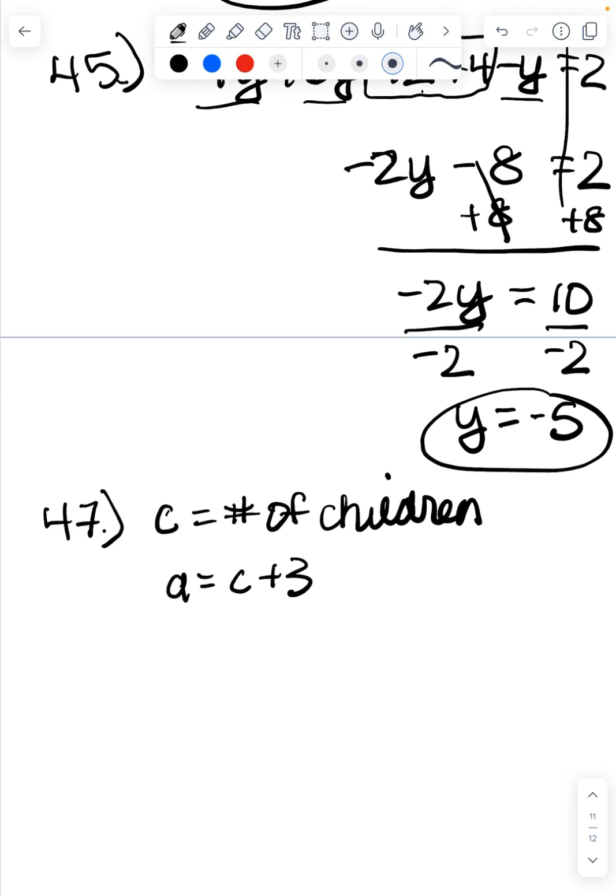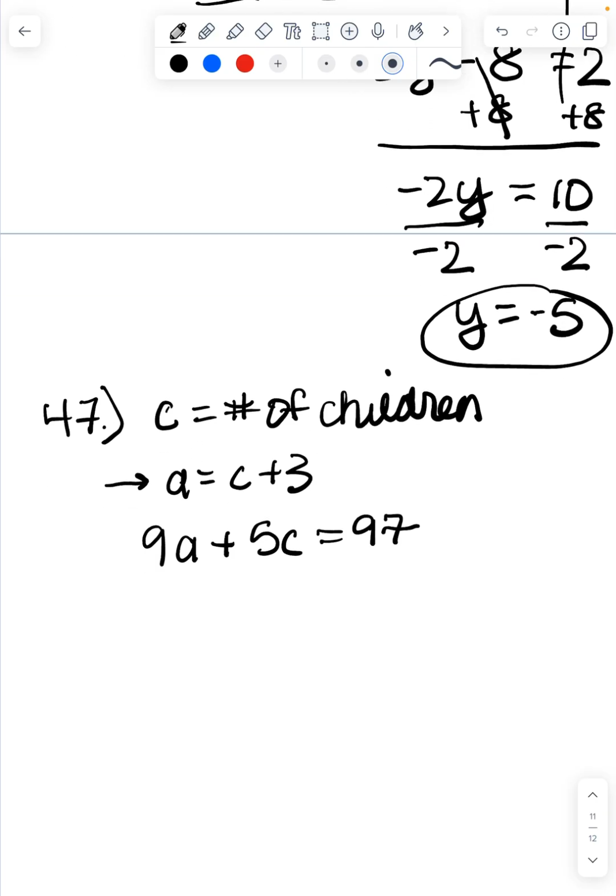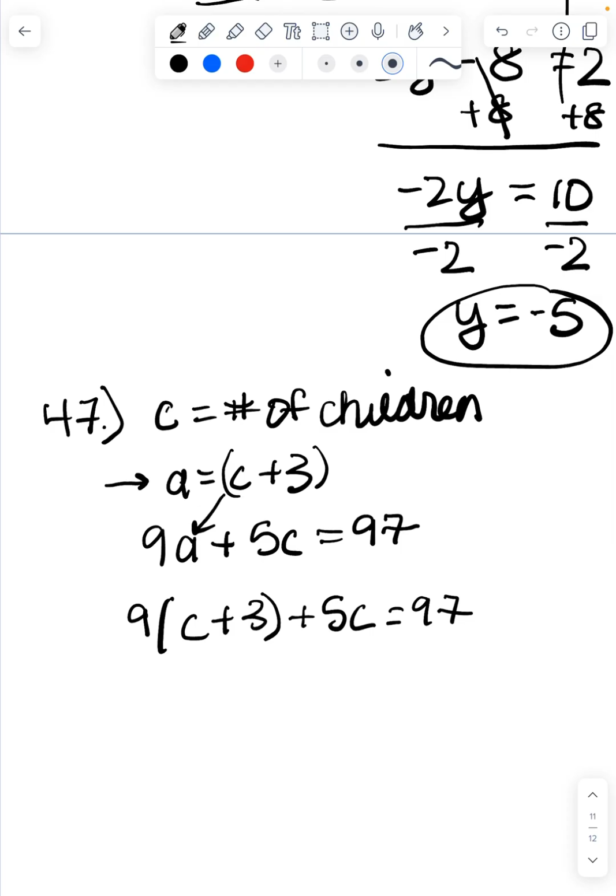We also know that this is probably going to be important here. So we also know that it's $9 for an adult, plus it's $5 for a child. And the group pays $97. Okay, so what we're going to do is some substitution here. So C plus 3 is going to go in place of this A. So we have 9 times the quantity C plus 3 plus 5C equals 97.